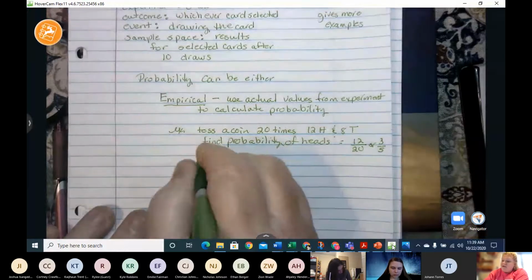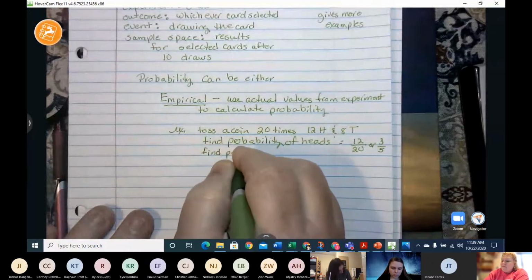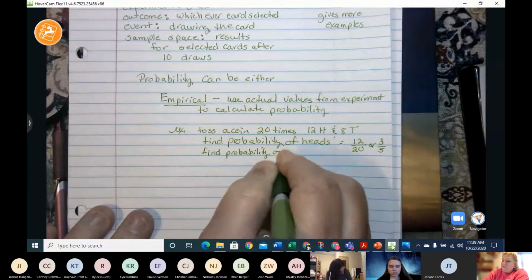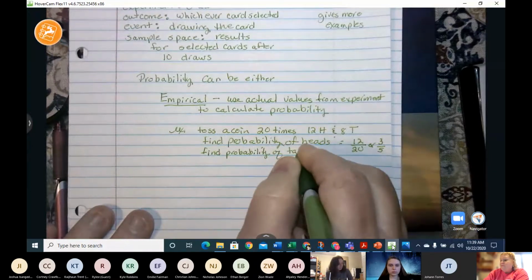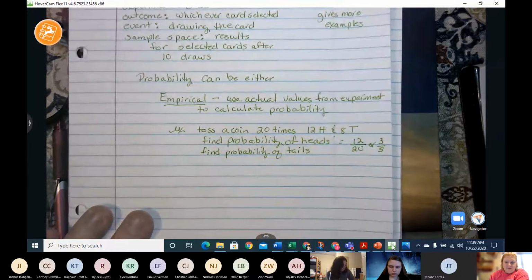Now, suppose the question had been to find the probability of tails. We still have that information.